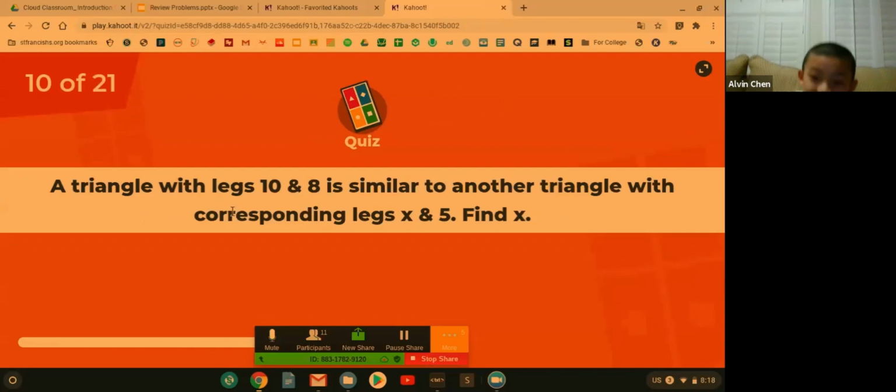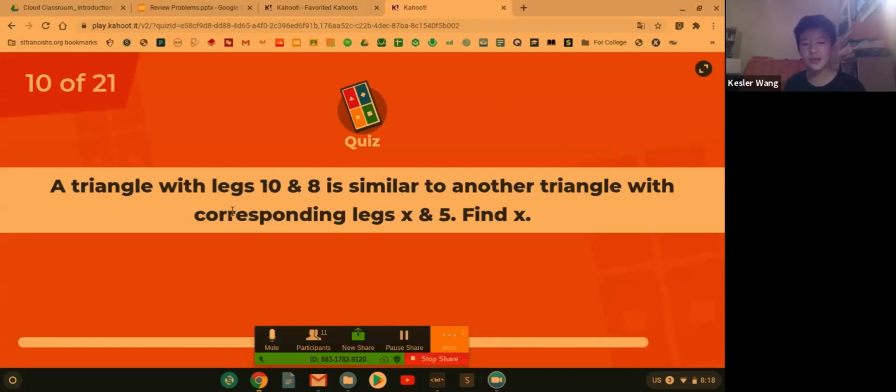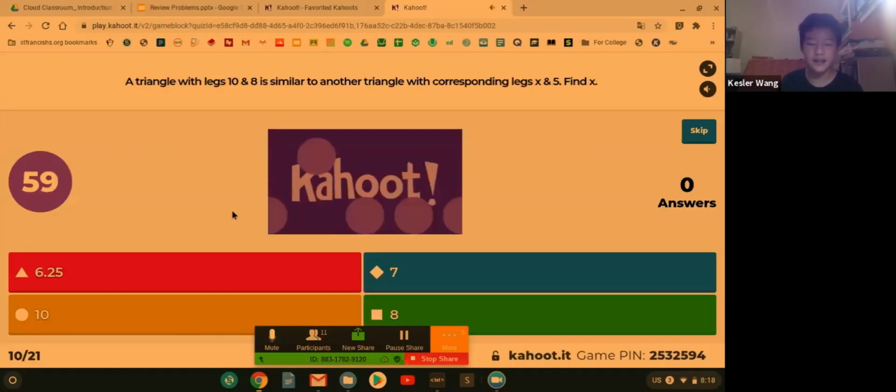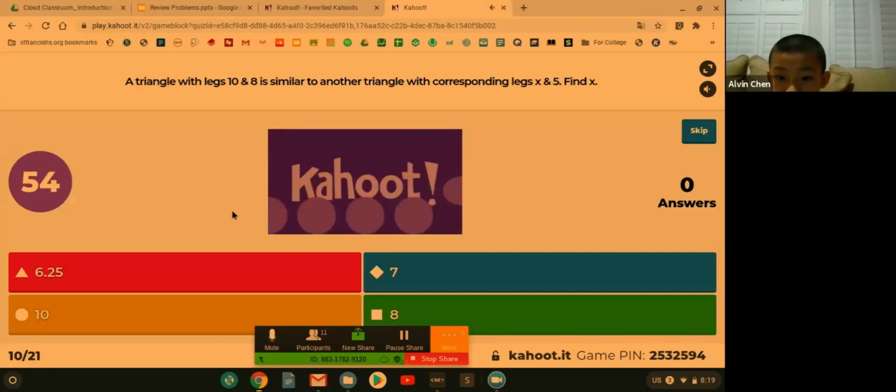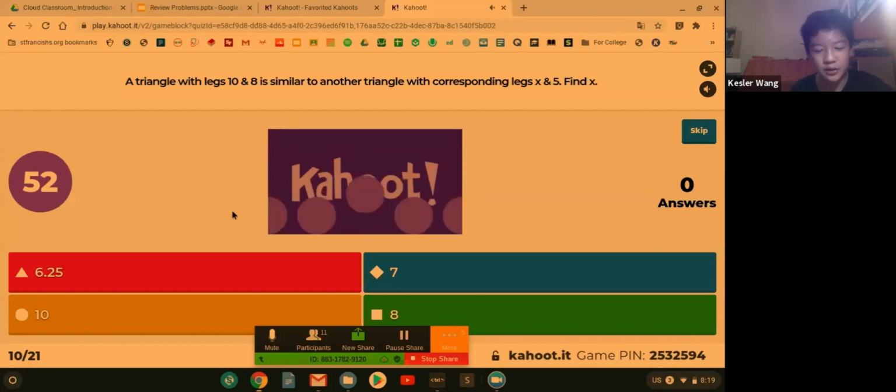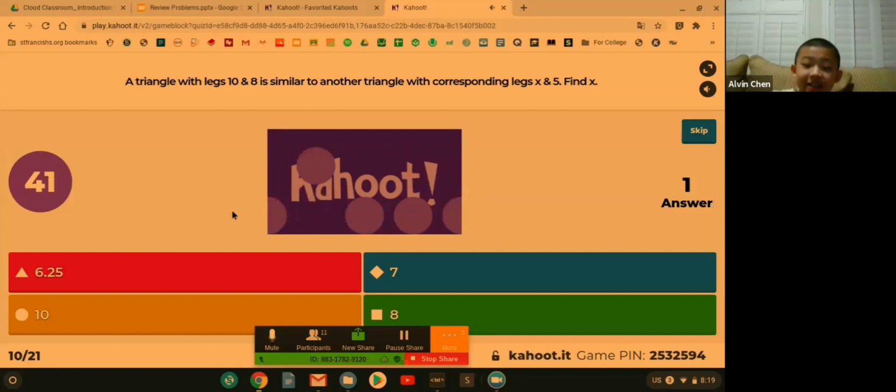The triangle with legs 10 and 8 is similar to another triangle with corresponding legs x and 5. Find x. Okay, so isn't that... Guys, there can be multiple answers.